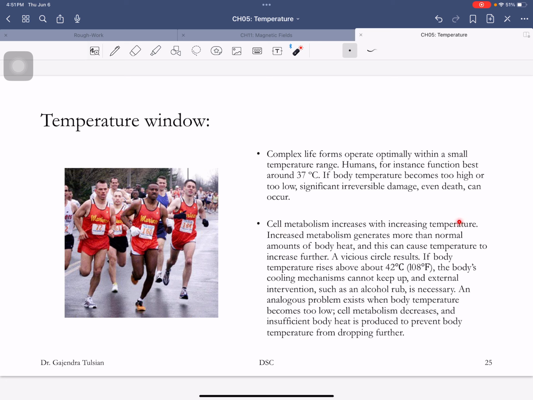So when your temperature rises, your metabolic rate increases, and increased metabolism generates more body heat. So your temperature is high to begin with, and then you're producing more heat. And so if your cooling system can't handle it, then your temperature will keep rising further. So it's a vicious cycle.